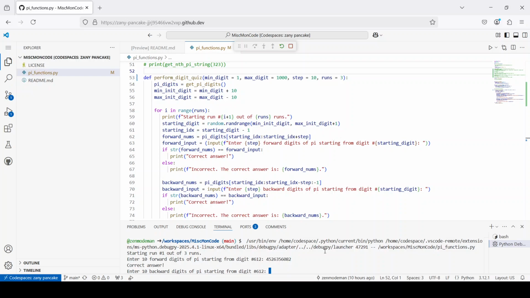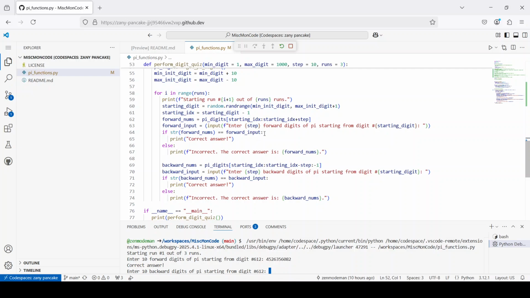And now let's go backwards. For the second run, I'm going to intentionally get the last digit wrong just to cross-check that this is actually validating and not just giving the correct answer each time. Though from the code there is a check happening, but just to show it.